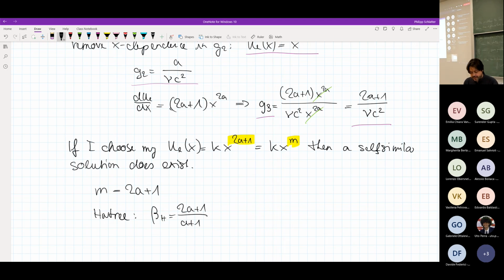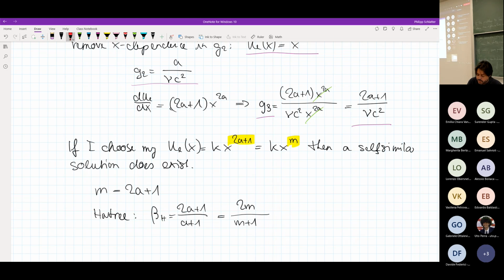And of course, now you can directly see that this can actually be written in terms of m, because you recognize here 2a plus 1 is very similar to what m is. It actually turns out that this can be written as follows: 2m divided by m plus 1. So this would be how I would write the Hartree beta.